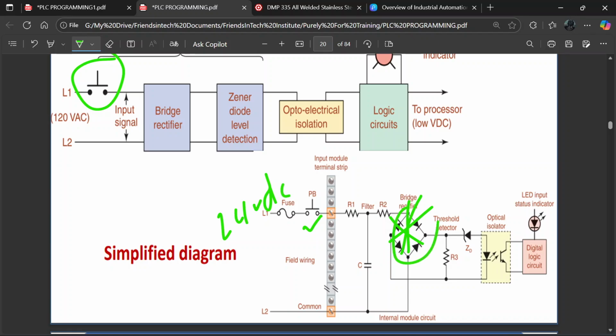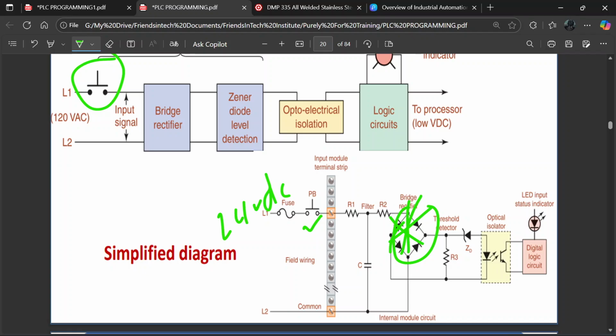Then we are removing the rectifier, so we connect this directly to the opto-isolator. Then of course, the other side of the transistor gives 5 volts to the microprocessor. That's it. That is the circuit. So that is the difference between the DC digital input card and the AC digital input card.